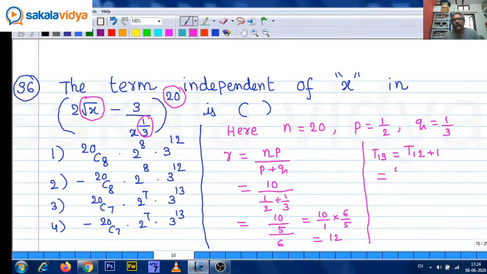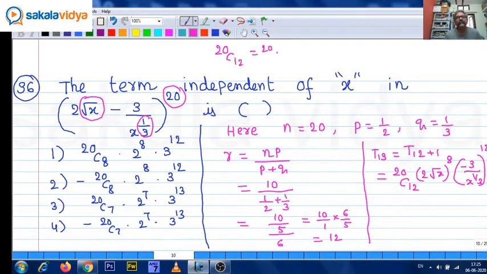That's equal to 20C12, (2 root x) whole to the power of 8, (minus 3 x to the power of 1 by 3) whole to the power of 12. Just we need only coefficients. Leave the x terms here. 20C12 can be written as 20C8.